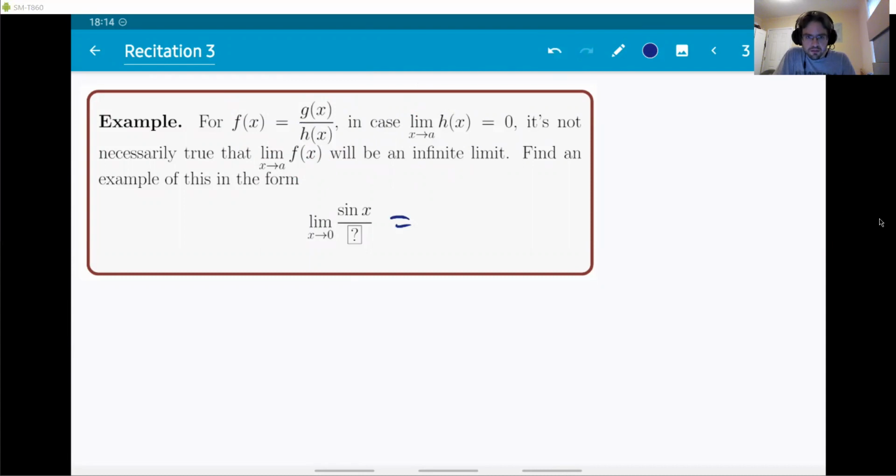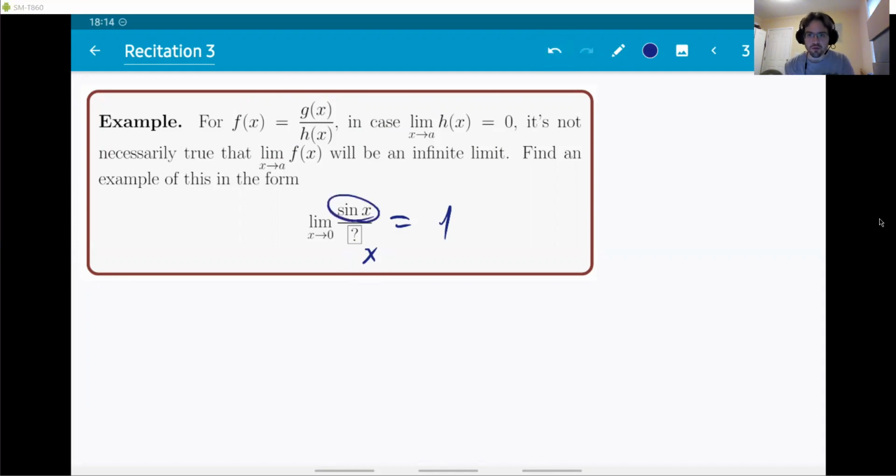And what you can possibly think of in here is, let me pause to give you time to think. If you pause the video, you have more time. Just a function x. We should all know that sine x over x as x goes to 0 has a finite limit 1. Even though x is going to 0, what happens is that sine x is also going to 0.